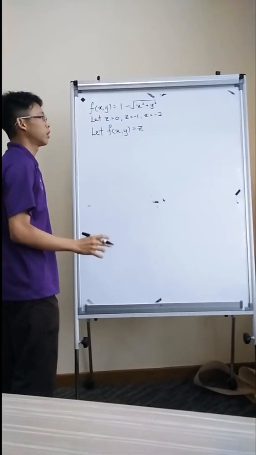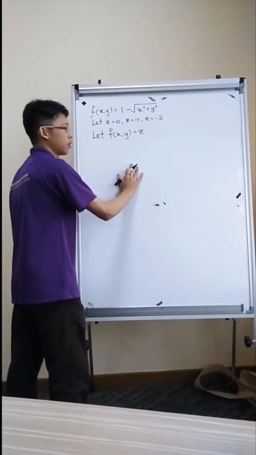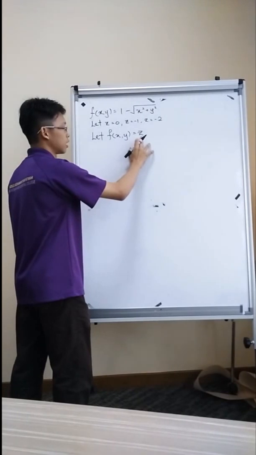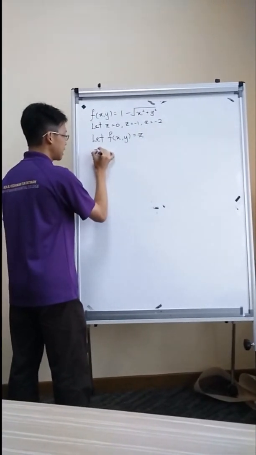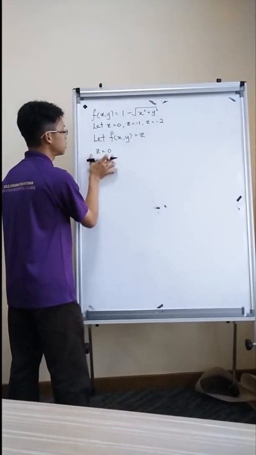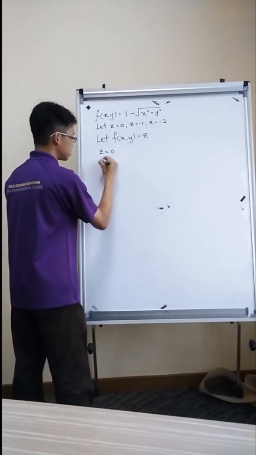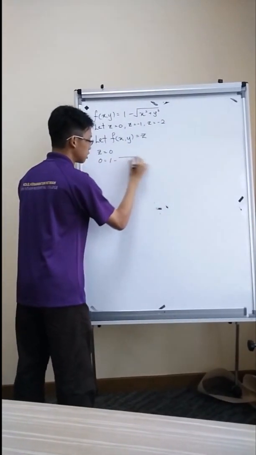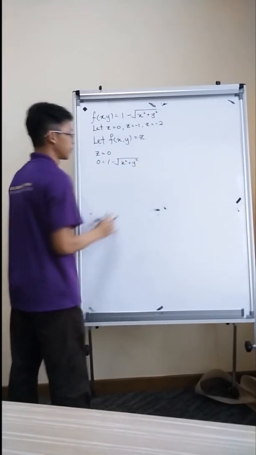First, we have to find the values of x and y when z is given a value. First, z is equal to 0. So we substitute z equal to 0 into this function. We will get 0 equal to 1 minus the square root of x squared plus y squared.